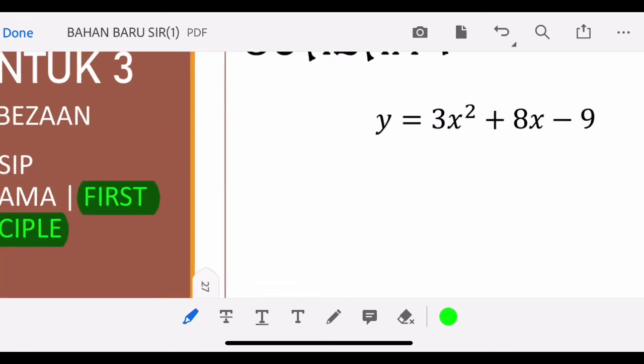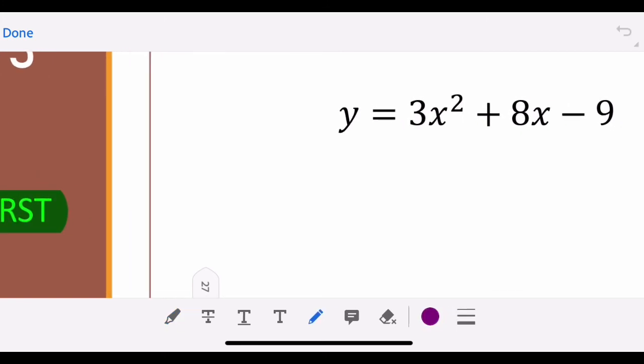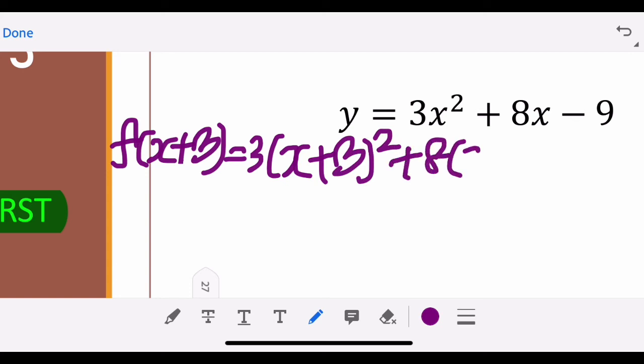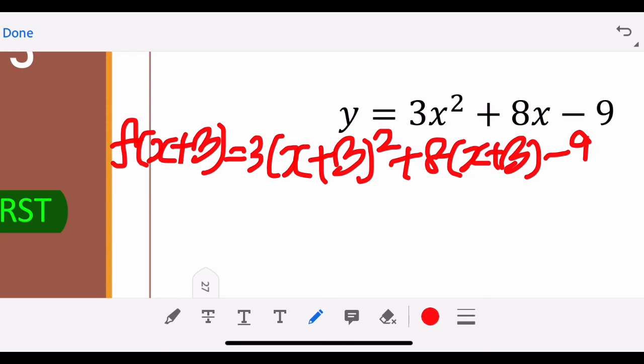So using the first principle, again I'm going to show you the formula that I use. I will take f(x), which is the function itself, and I will take f(x plus delta shape), whereby when I see the x, I will replace it with x plus delta shape, squared, plus 8 times x plus delta shape, minus 9, and then I need to expand carefully before I can simplify.